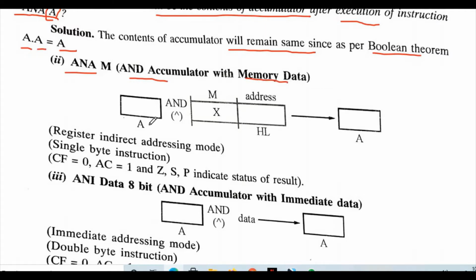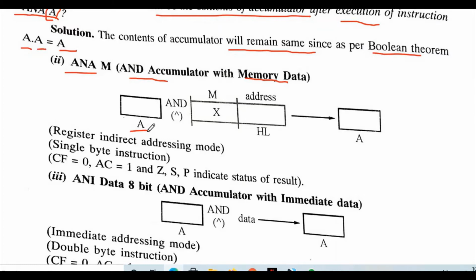First content the microprocessor 8085 will take from the accumulator. Dear students, remember always in these logical instructions, the first content the microprocessor will take from the accumulator, and after the execution of this command, the final result will be saved in the accumulator.